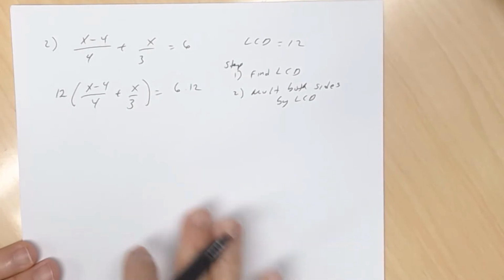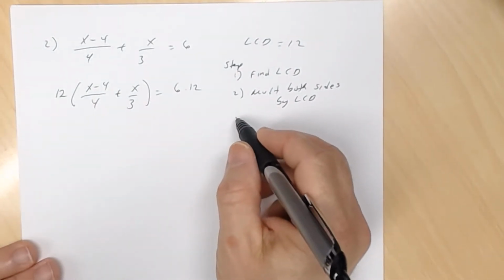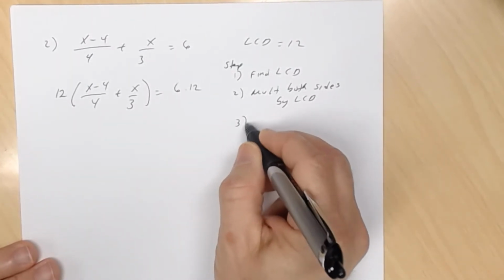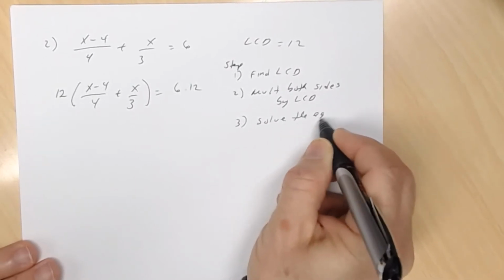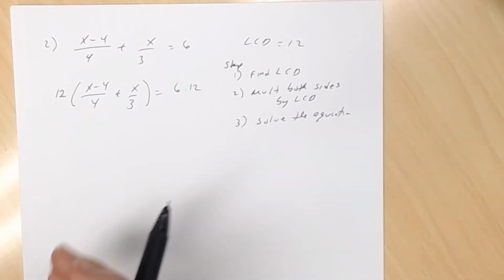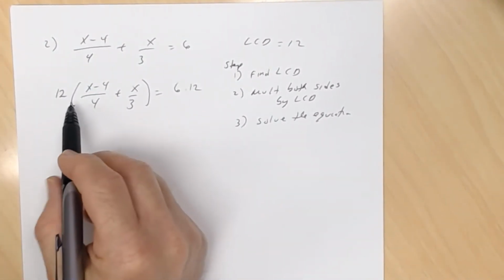Now what is the next step? Multiply both sides by the LCD, and then step 3, let's say, solve the equation. We're going to solve the equation based on what we know how to solve equations. I have parentheses, so I'm going to distribute.